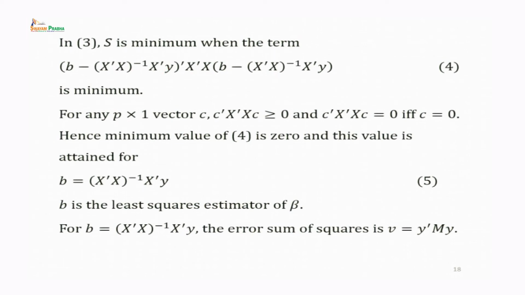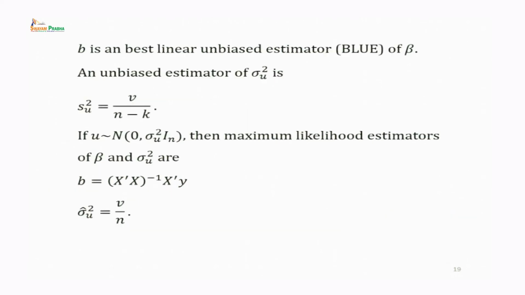So, this B is called the least squares estimator of beta, and the error sum of squares is V equal to y transpose M y. In fact, B satisfies many optimal properties. It is the best linear unbiased estimator.